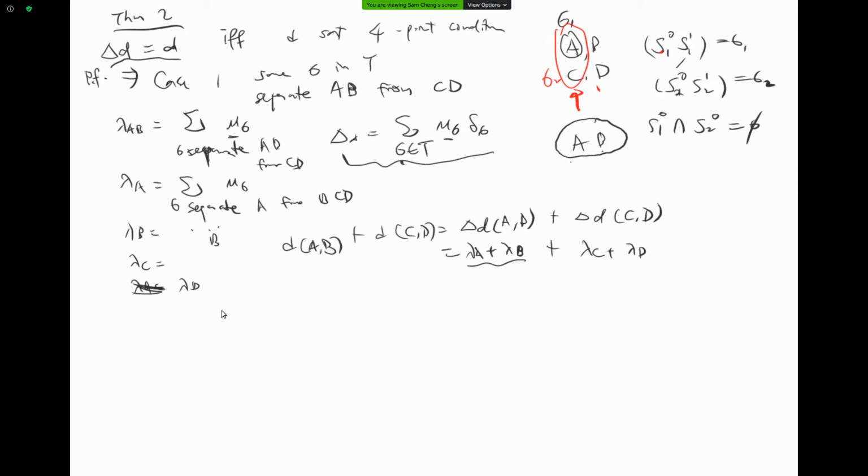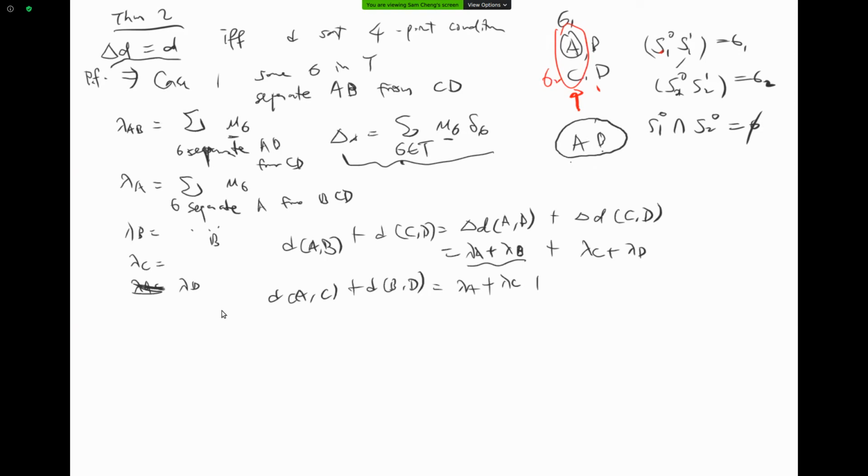Okay, so I can do the same thing for D AC plus D BD, and by the same token, now here I need to be careful: the sets that separate A and C will be lambda A and lambda C here, but also lambda AB will separate A from C, right?